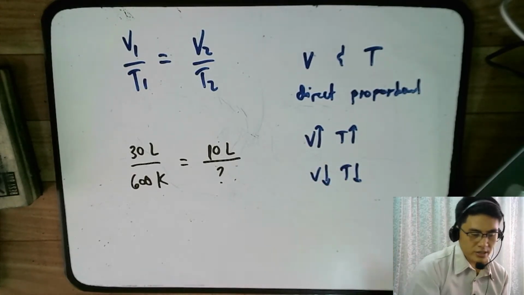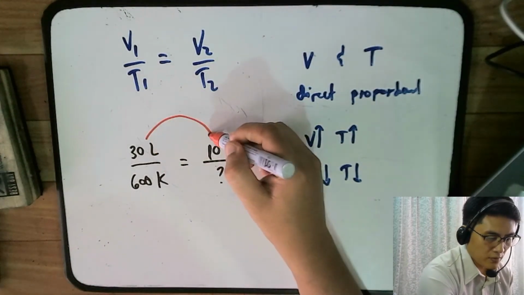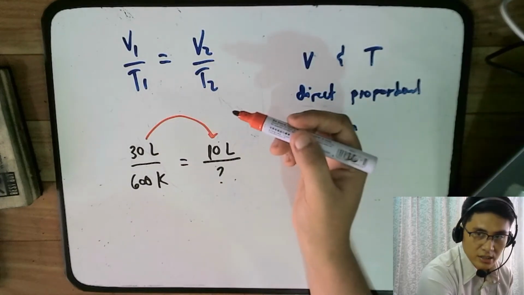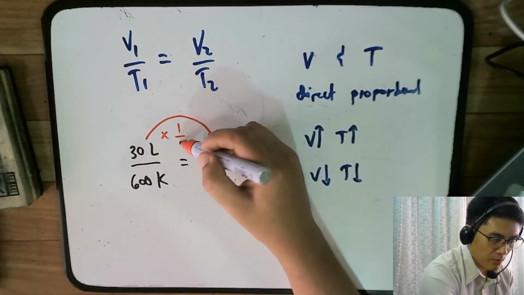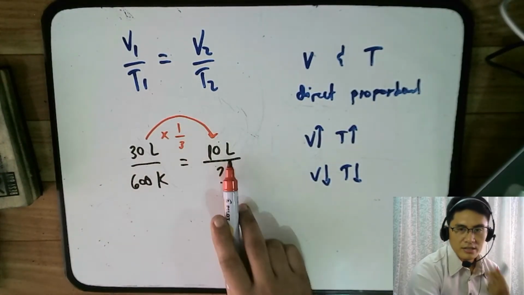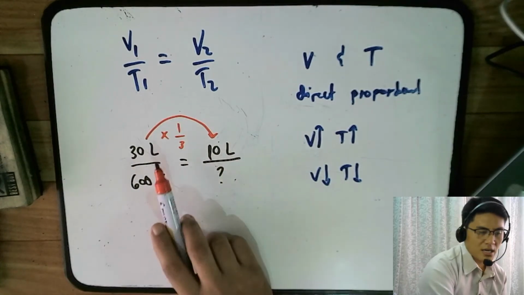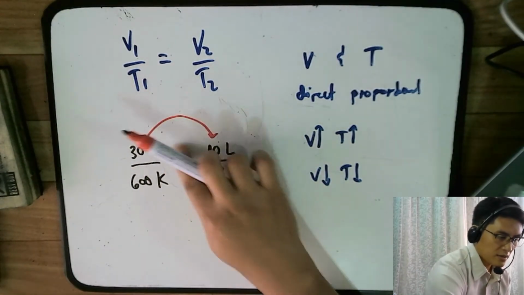So here you just have to reason out that, hey, the volume decreased, right? And it decreased by multiplying it by 1/3. So 30 times 1/3 is 10. Or you can say it's divided by 3, maybe that's easier.